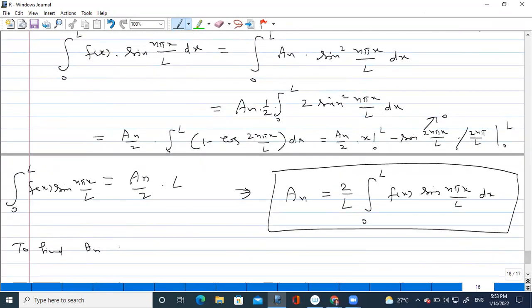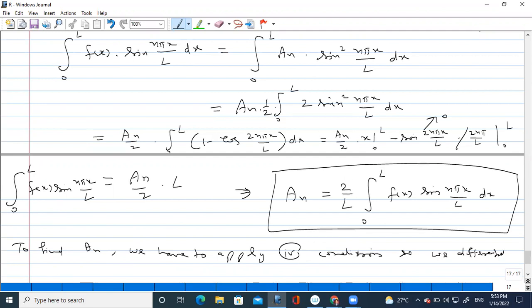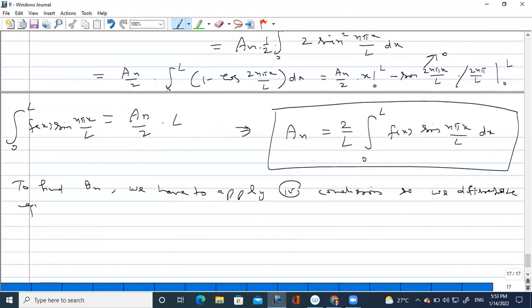So I'm doing the same thing. To find Bn, first of all, we have to apply the fourth condition. So we differentiate equation 1 with respect to t. So what will we get? We will get ut(x,t). This side I can write del u by del t.